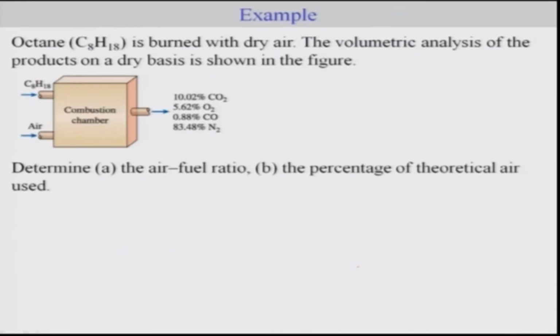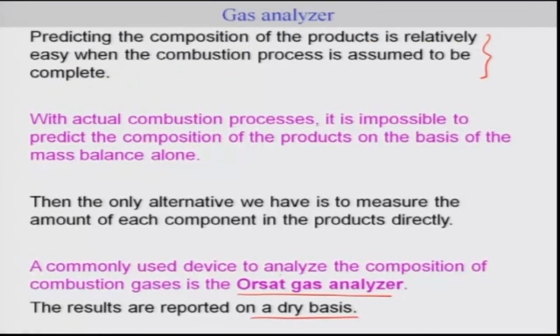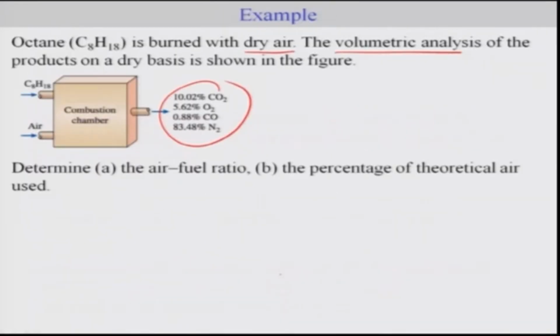Here octane is burned with dry air, which essentially means it doesn't contain any moisture, and this is the volumetric analysis of the product on a dry basis, using an analyzer such as the Orsat gas analyzer. What we need to find is the air fuel ratio and the percentage of theoretical air used.